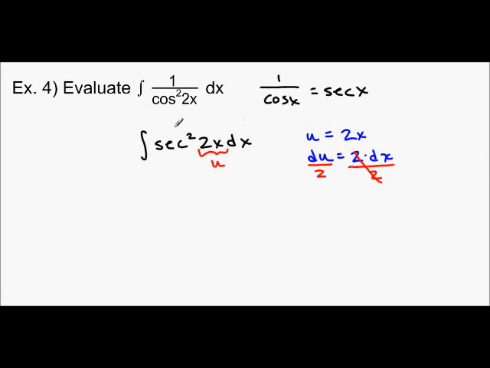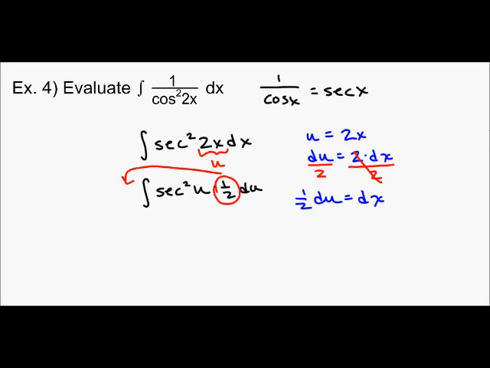I want everything in here to match up to something over here. So 1/2 du equals dx. Okay, so we have the integral of secant squared u times 1/2 du. Taking my 1/2, putting it to the front. 1/2 integral secant squared u du.